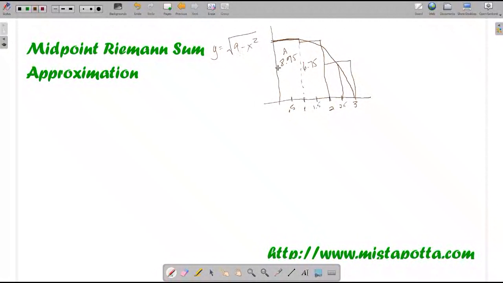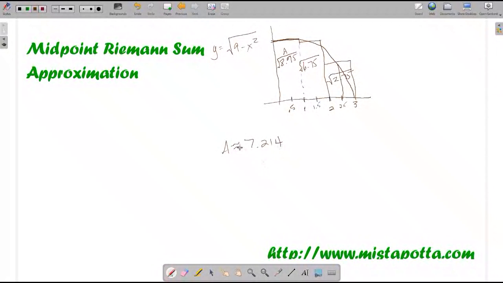So the area of this rectangle is radical 8.75, radical 6.75, and radical 2.75. And so my total area in this situation is approximately 7.214.